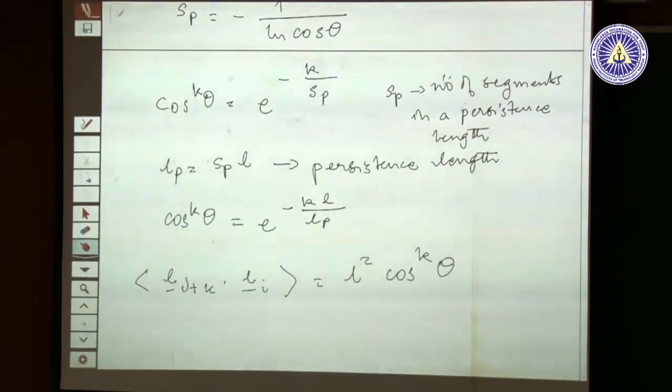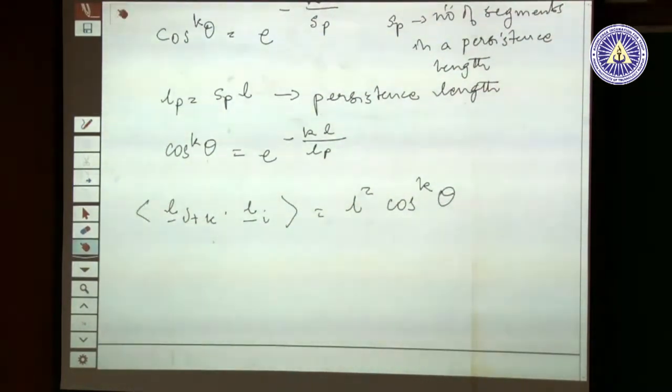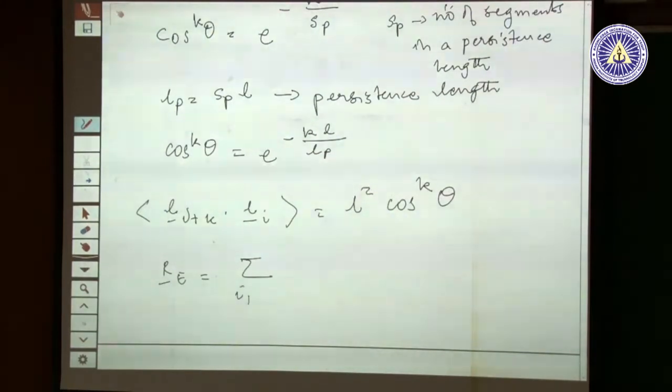Now, what do we want to find? We want to find the end to end vector of a freely rotating chain. So, we know that Re squared, and this is true in general, is the sum over i, j of the average of Li dotted with Lj.